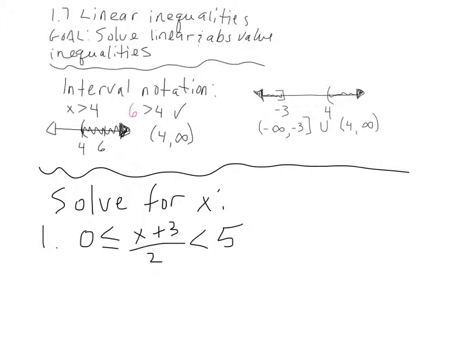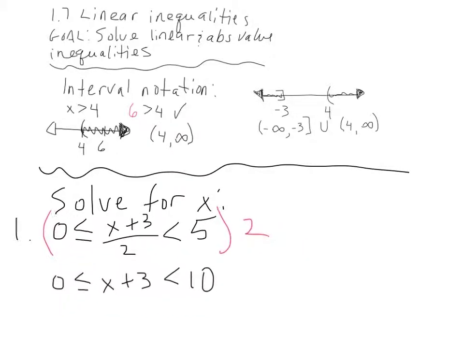So we multiply by 2. You can write it like this if you want. Multiply everything by 2. That would still give us 0 less than or equal to, the 2's cancel there, x plus 3 less than 10, correct? And then we subtract 3 from both sides.